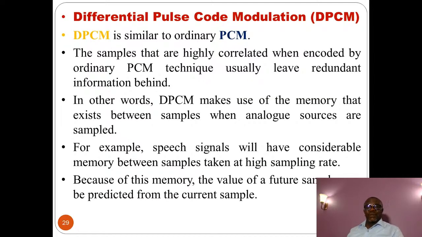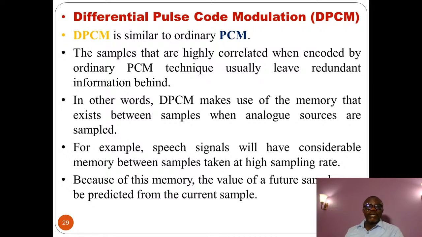So now we come to what we call the differential pulse code modulation, otherwise known as DPCM. DPCM is similar to ordinary PCM, but the samples that are highly correlated when encoded by ordinary PCM technique usually leave redundant information behind.